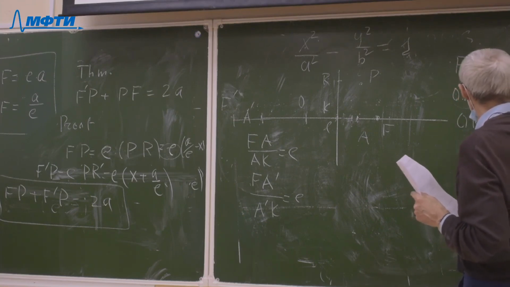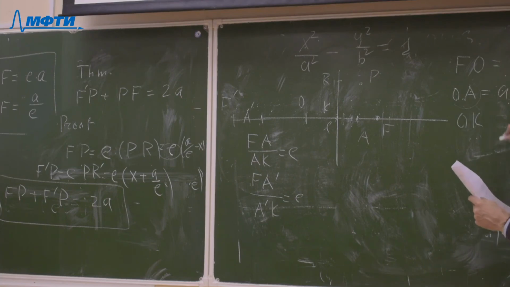Let OA be equal to A, OF equal to A times E, and OK equal to the ratio A over E.